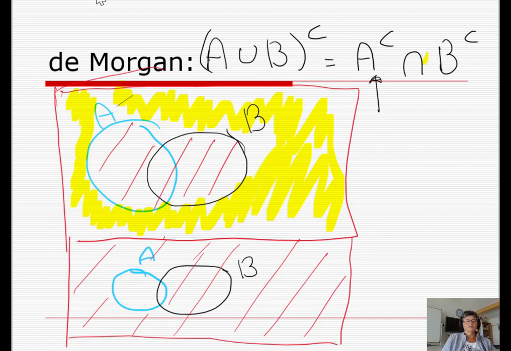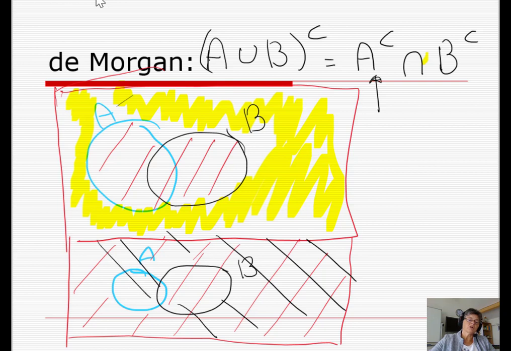Okay, if we look at B, then the complement of B, let's make it black. The complement of B would be everything outside B. But A is part of this complement.